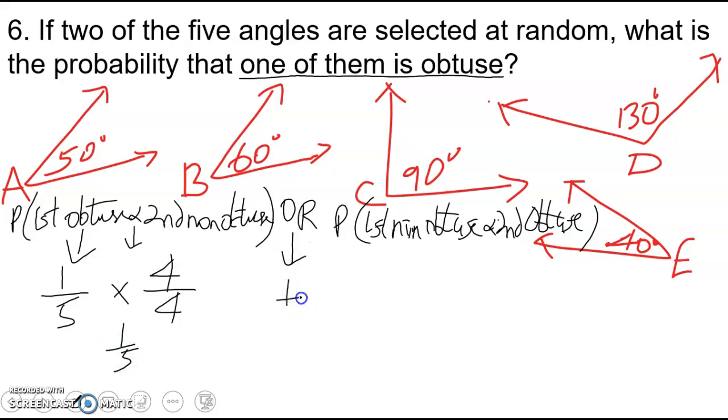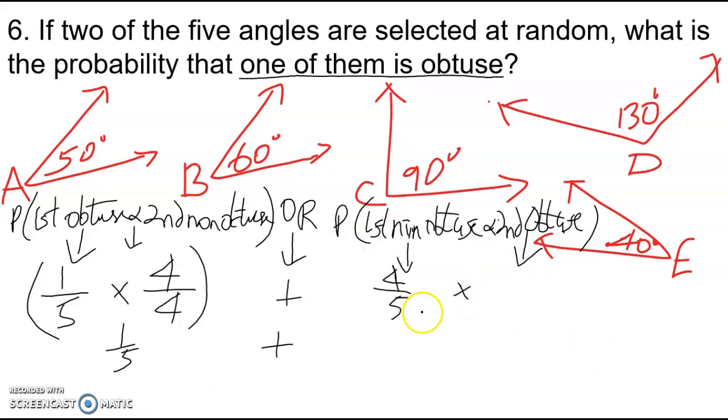"Or" means plus. So we are going to get the probability on this side and we add it to the probability of this side. So what's the probability that the first one is non-obtuse? The first one will be non-obtuse, and there are 4 of them, so it's 4 out of the whole 5. And that's multiplication. The second one is obtuse. So you picked 1 out of the 4 non-obtuse, but the total is reduced by 1, so it's 4 left.